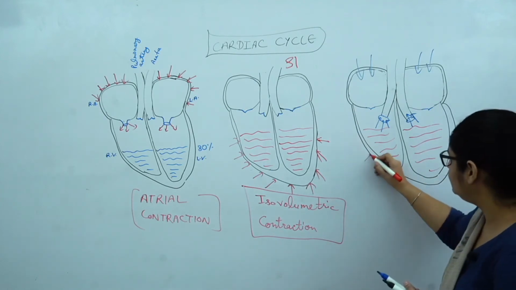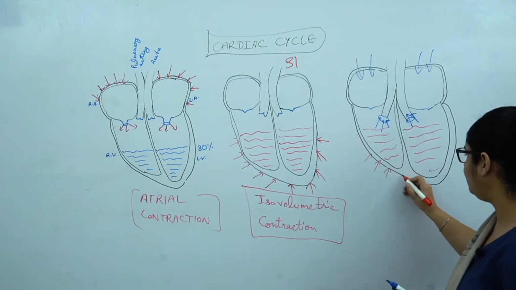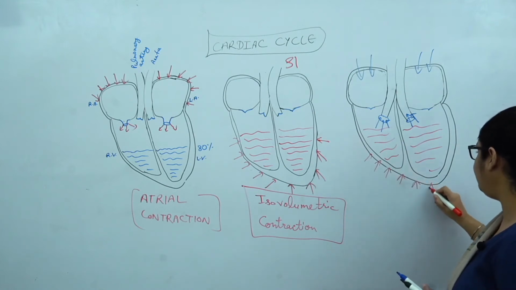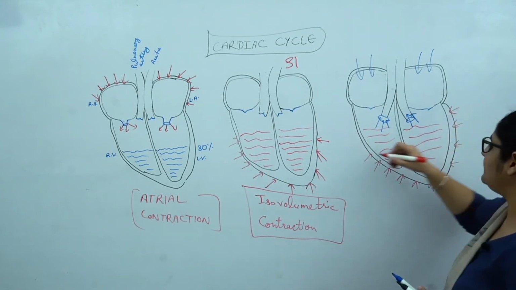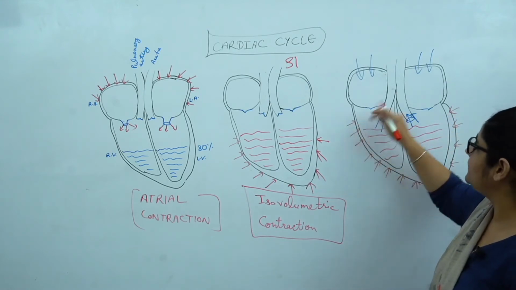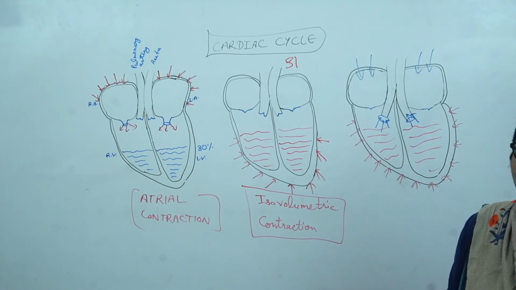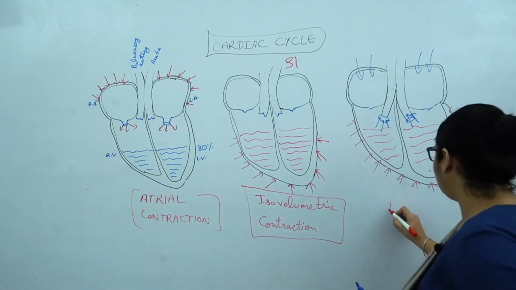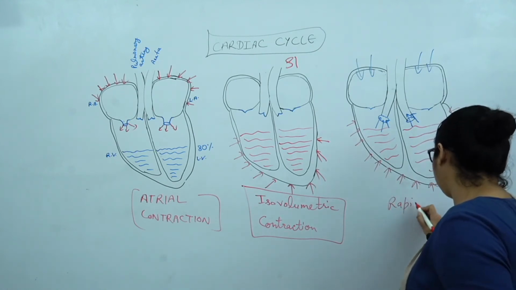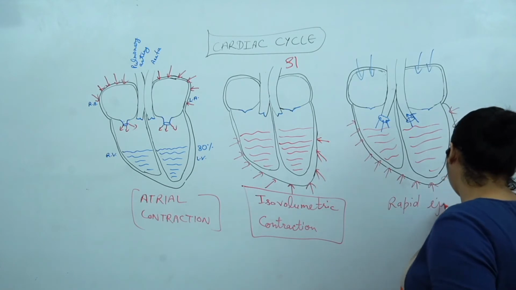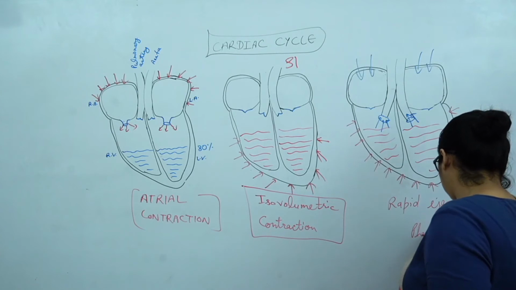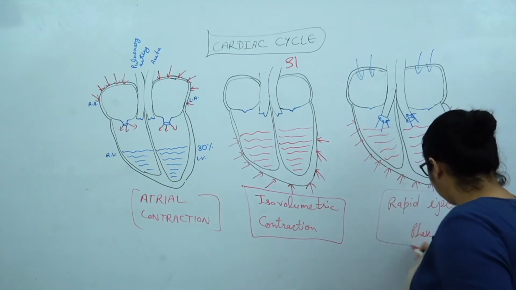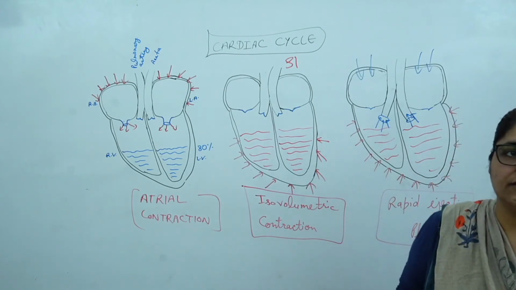In this, ventricles are contracting rapidly. They are ejecting blood into these tubes. This phase is called rapid ejection.